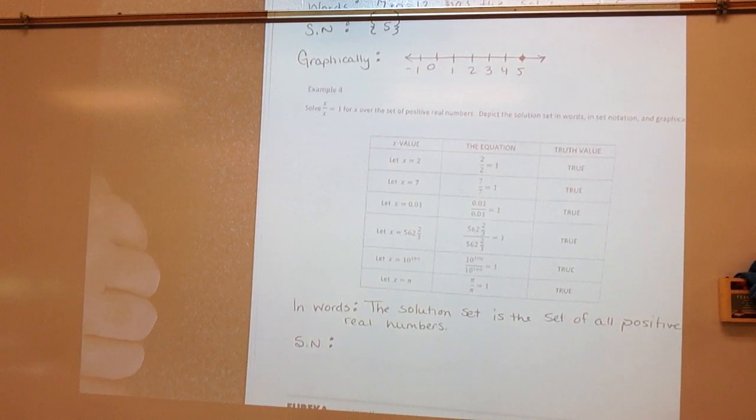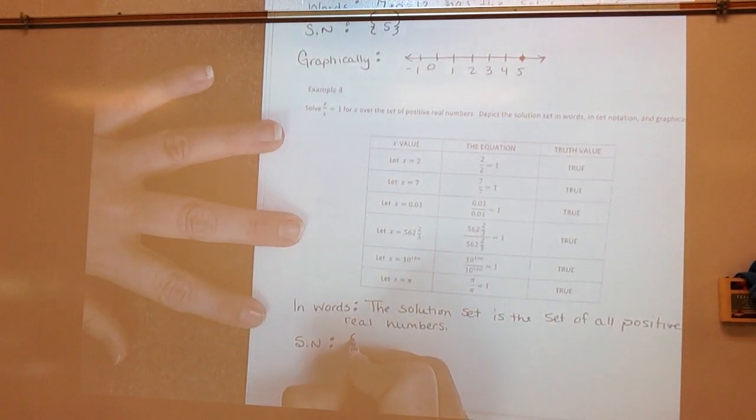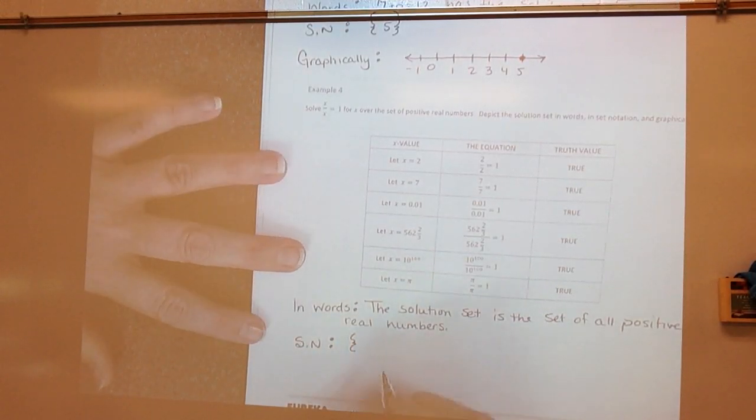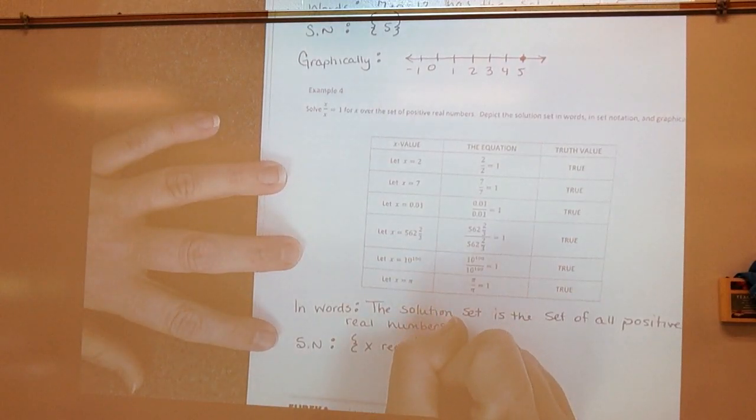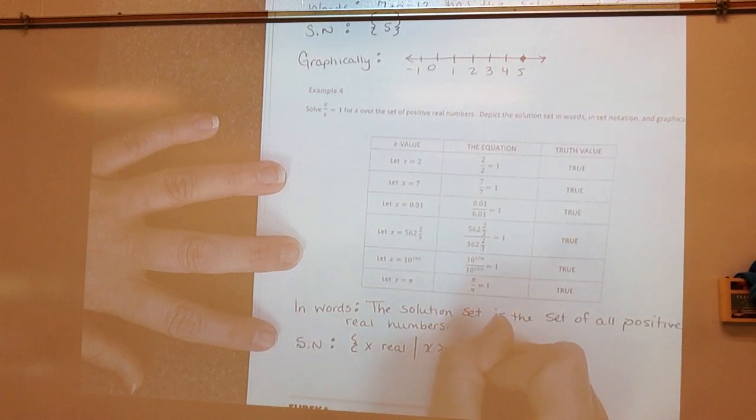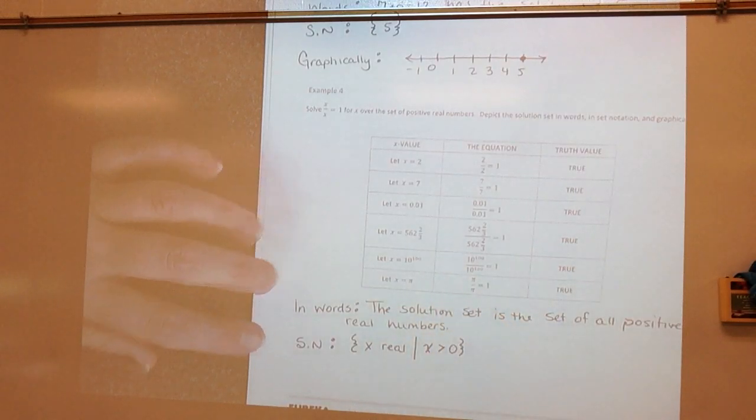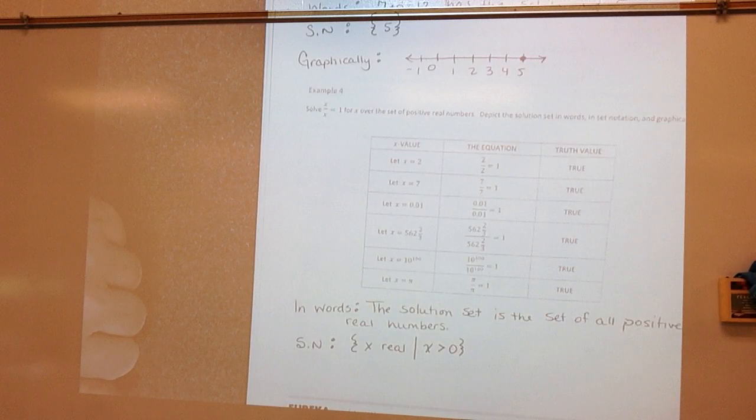So it's going to look like this. I've got to define that x is going to be a real positive number such that x is going to be greater than 0. So it can be 0.00000000001, and it's going to work as long as I tell it that x has to be greater than 0.